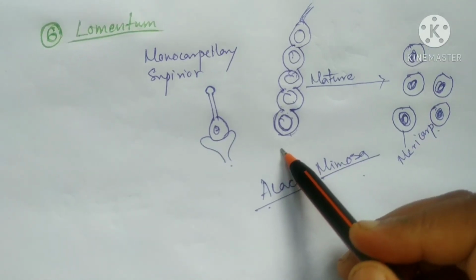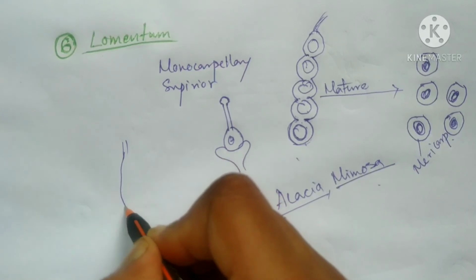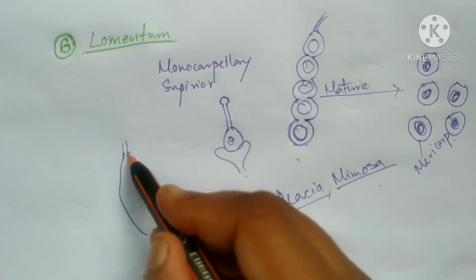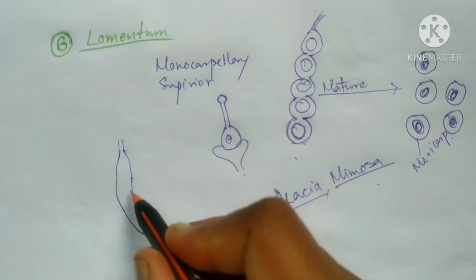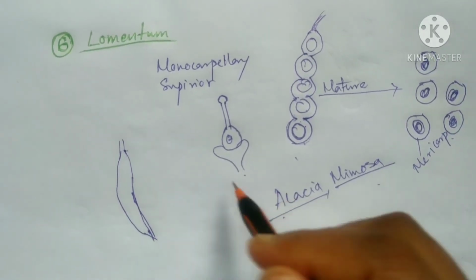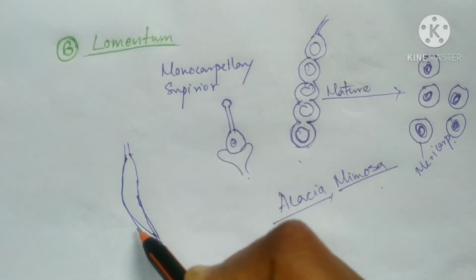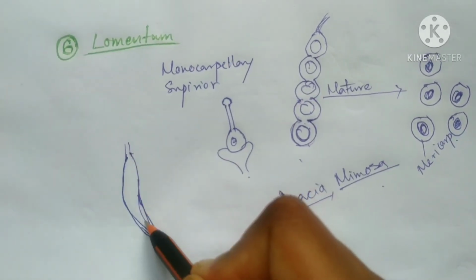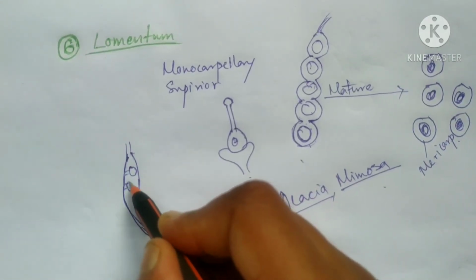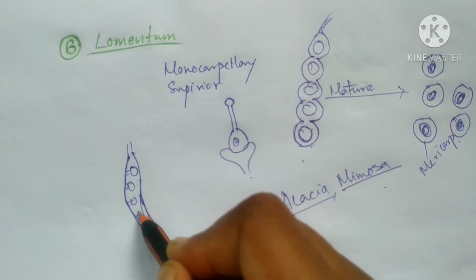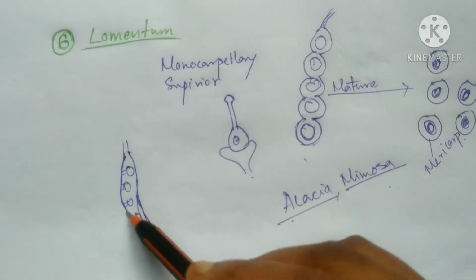So this is Lomentum, and we know legume means Pisum sativum, right? Here notches are not present, it is a simple and smooth pericarp, and each seed is present inside this fruit in this manner.